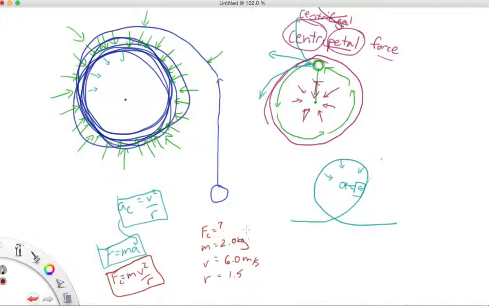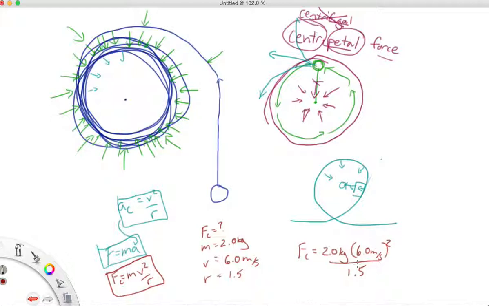This is a super simple problem. It's exactly this formula right here, so I'm just going to plug in those values. F c equals 2 kilograms times v squared, which is 6.0 meters per second, this whole thing squared, all over 1.5.